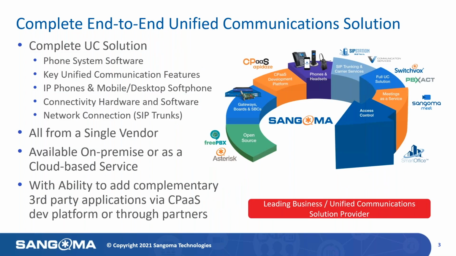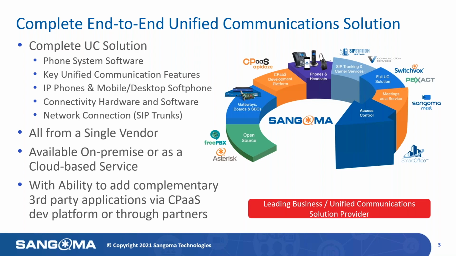Before we dive deep into that, I want to give you a quick overview of Sangoma technologies, because we do have a lot of different products that we offer, and everything works together to solve those issues. I wanted you to have a better understanding of who we are, where we came from, and how we can help.